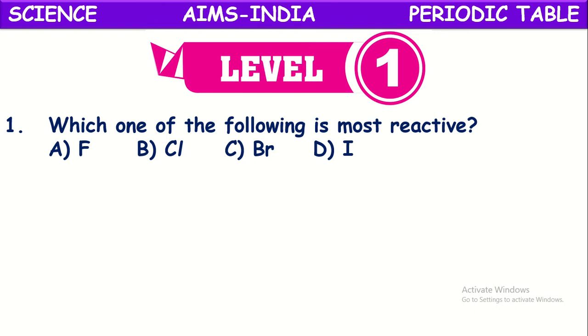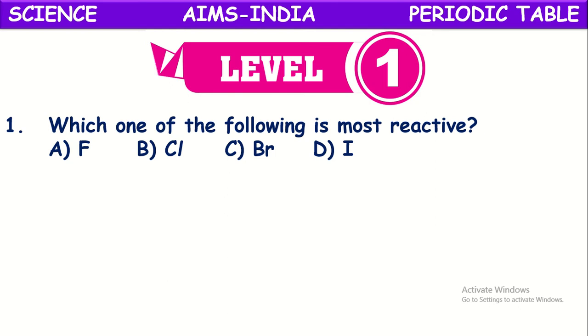By giving certain elements, if they ask to find out which is having greater or lower property, we can understand that there will be a certain relation between the elements given in the options. If you observe here, the elements given are fluorine, chlorine, bromine, and iodine. We know these all belong to the same group.